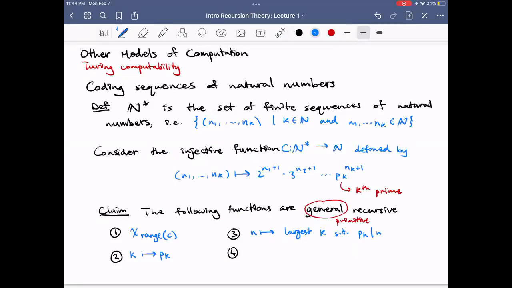And fourth, a function that takes n and k and tells you the exponent of p_k, the kth prime, in the prime factorization of n.